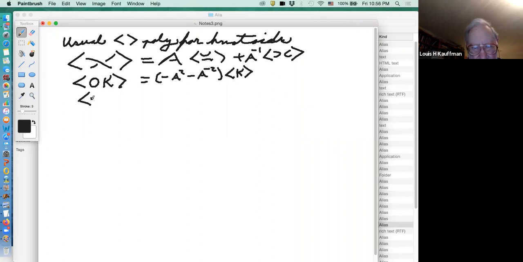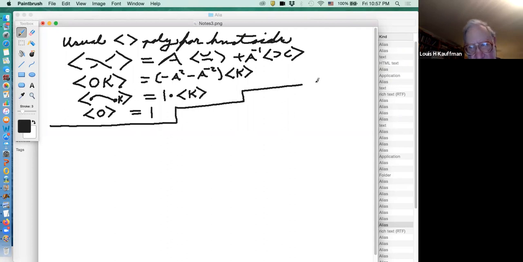And I'm also going to assume that the value of the little leg is going to be taken equal to 1, and the value of a little loop all by itself is going to be equal to 1 as well. But here, I mean the value of a little leg next to a K is going to be 1 times the value of K. That's a little bit inconsistent with what I told you to do for Khovanov homology, but it's the most efficient thing for calculating these.